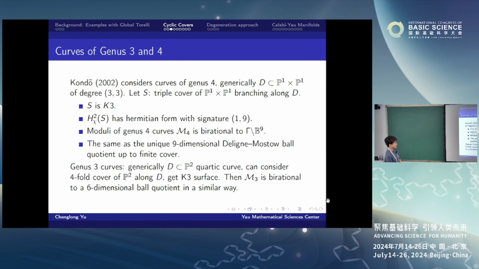And we can consider this birational geometry as well. Now, the moduli has dimension 6, so you can imagine the corresponding ball quotient also has dimension 6. So you get also a birational map to a 6-dimensional ball quotient in a similar way. Alright, so that's Kondo's work for cyclic covers, basically branched along curves in surfaces, P1 cross P1 or P2.